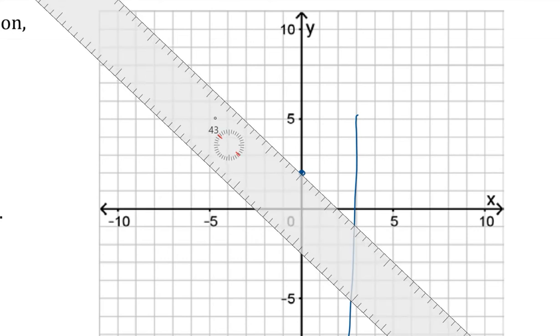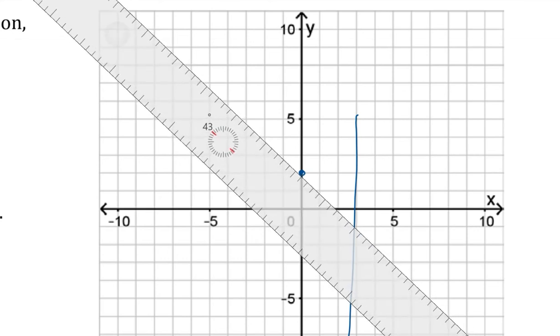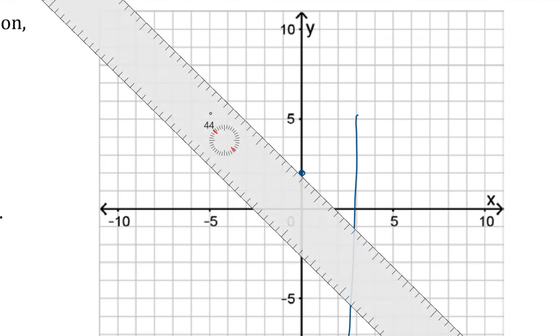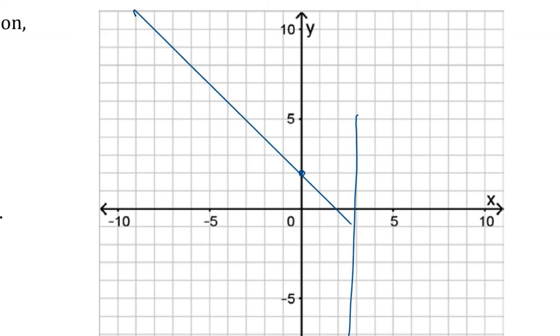I think if I go 4, 3, it's going to be too much. Yeah, 4, 4 is not quite perfect, but it'll be close enough. Okay, and again, it was not including the point at positive 3 here, so open circle.